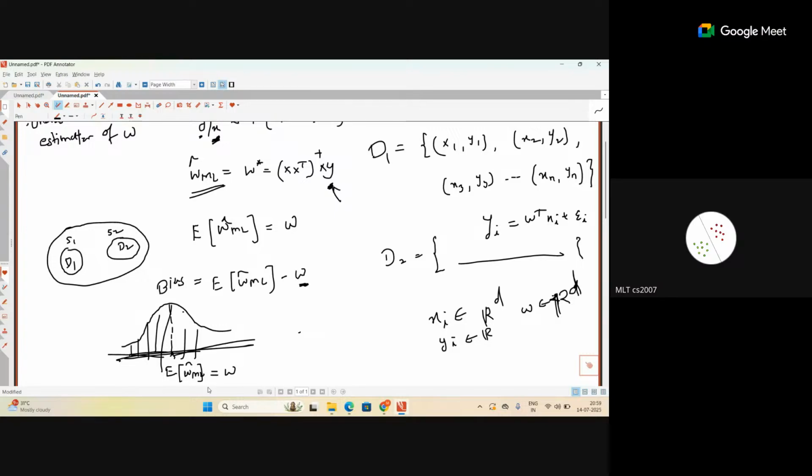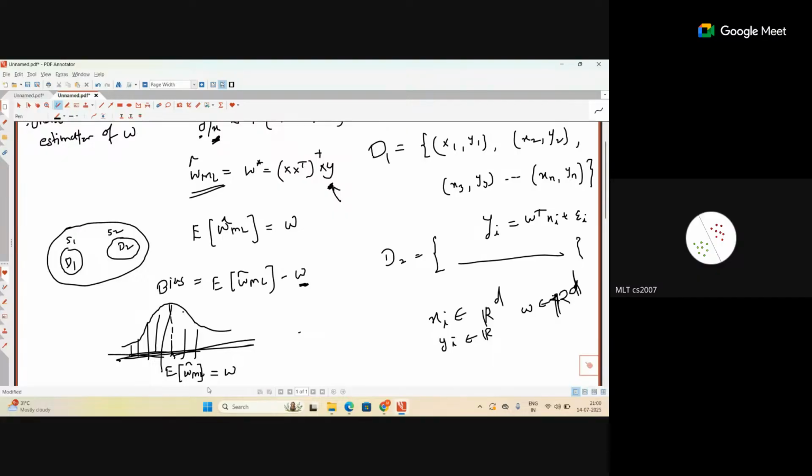I hope you understand what I'm trying to say. You choose one data set, you find its w hat ML. I choose one data set, I find its w hat ML. Let us say there are a thousand of us, performing that experiment by choosing different samples of these houses, and we find our w hat ML. Just for understanding purposes, all these thousand w hat ML will have some distribution, right?